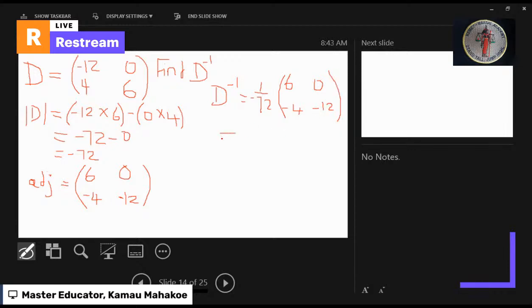And that gives us, so negative 1 over 72 times 6 would give negative 6 over 72. And we know that's going to cancel. All right, so that's going to cancel to negative 1 over 12.